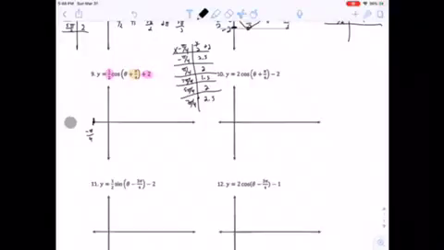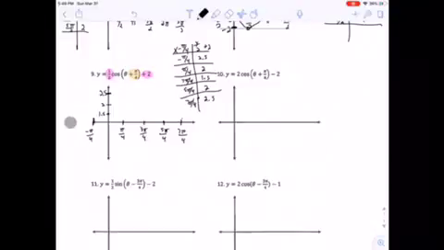There's going to be negative pi over 4, pi over 4, 3 pi over 4, and 5 pi over 4, and 7 pi over 4. Okay, and we top off at 2.5, bottom out at 1.5, and in between we have 2.